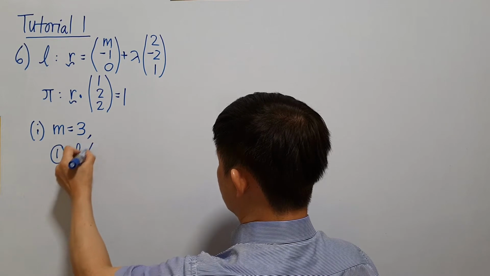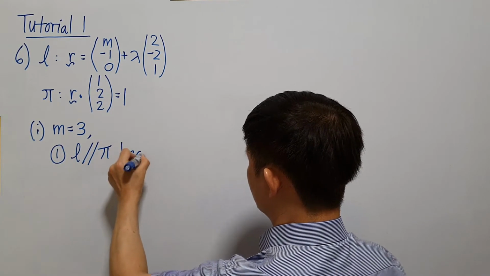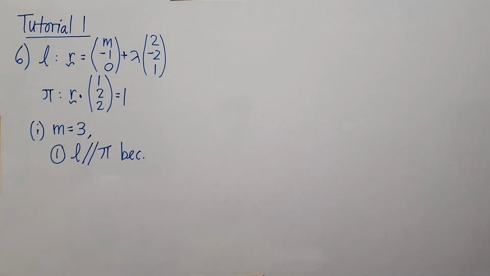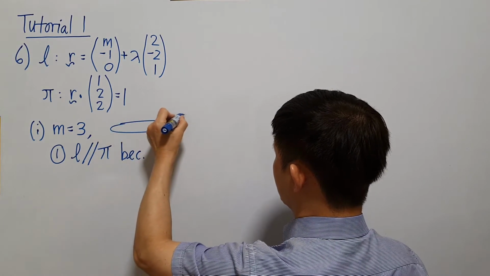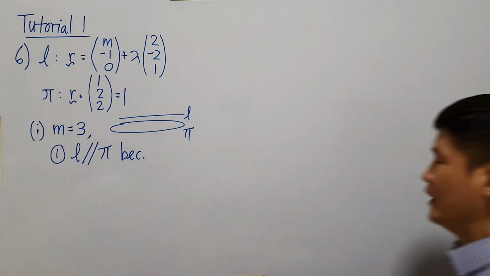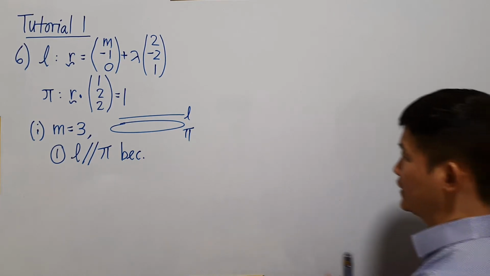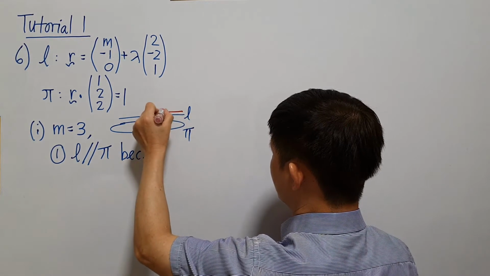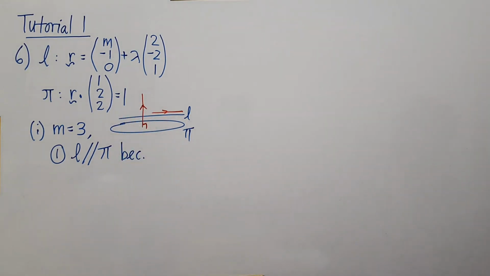To check that a line is parallel to a plane, imagine this is a plane and this is a line. If a line is parallel to a plane, the directional vector of the line and the normal of the plane will be perpendicular.